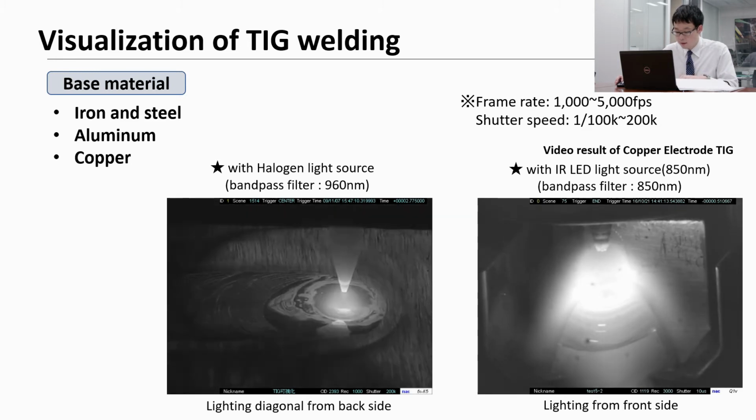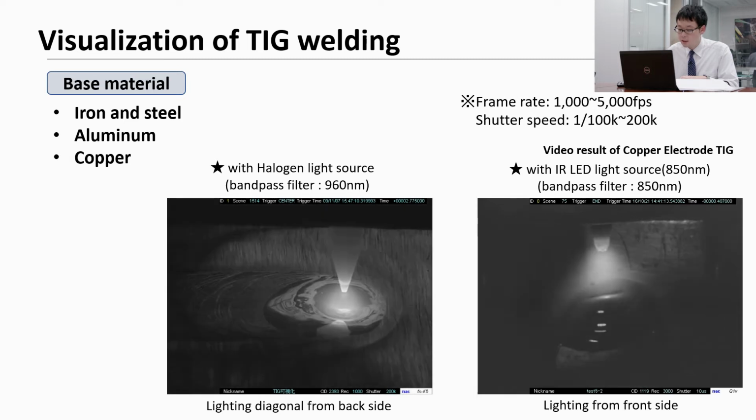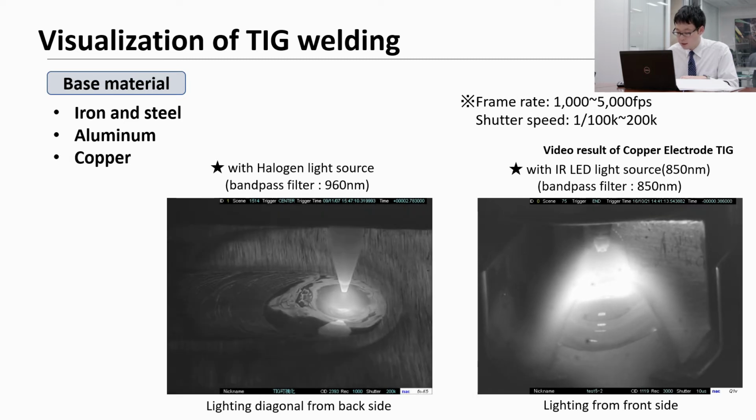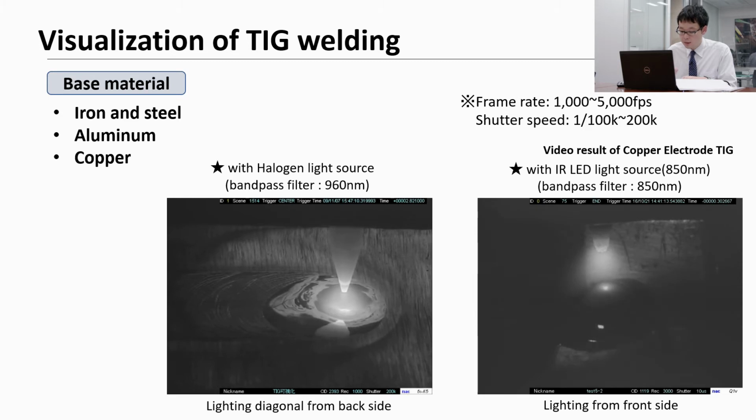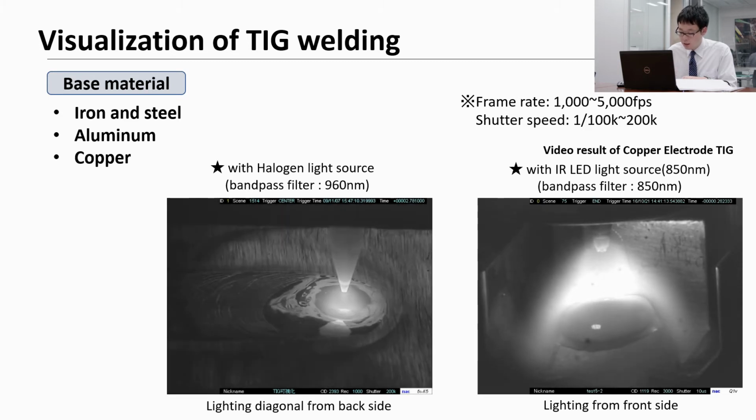About TIG welding, iron and steel, aluminum, and copper are usually used as base material. Required frame rate is from 1000 to 5000 frames per sec, and required shutter speed is from 10 microsec to 5 microsec. About the video on the left side, it shows the image of the welding pool when we shoot with a halogen light source.